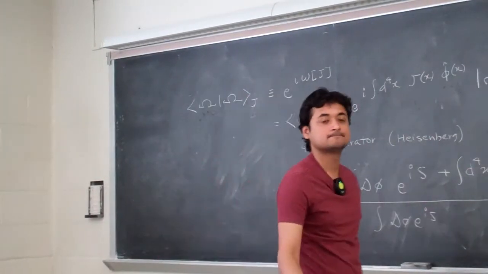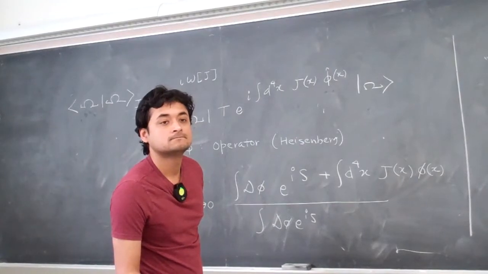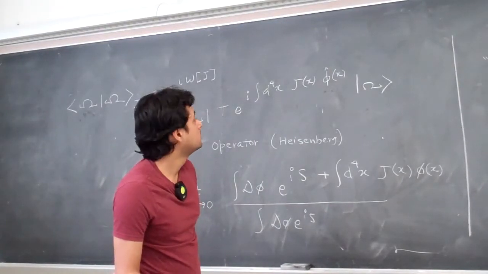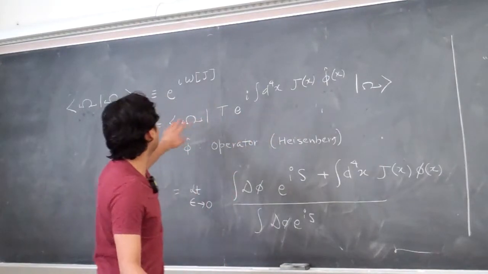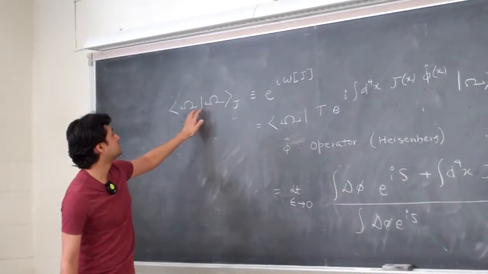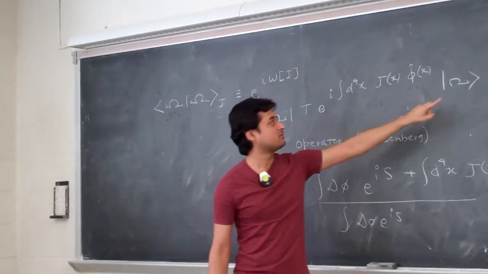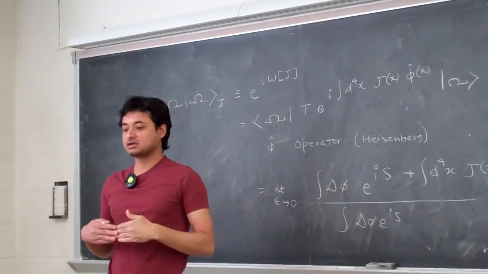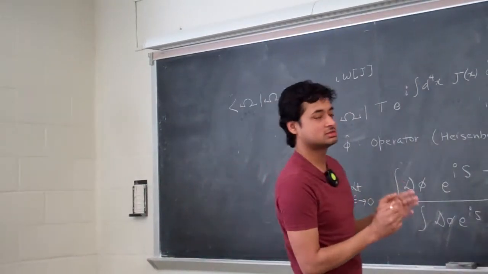Okay. Is the fact that phi here is the Heisenberg operator why the Hamiltonian isn't in the integral? We've just done some multiplication on either side here. Yeah, well, this is the definition. This is saying go from this vacuum to that same vacuum in the presence of a source. So you start with the vacuum, you switch on the source, and you go to the vacuum. So this does not have the Hamiltonian.